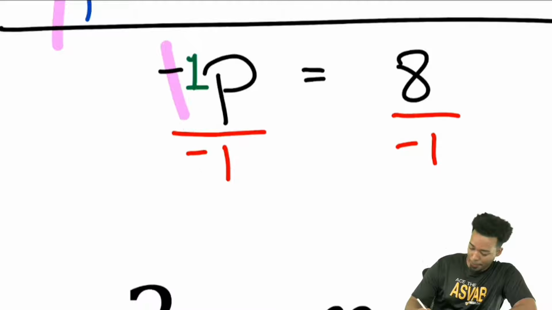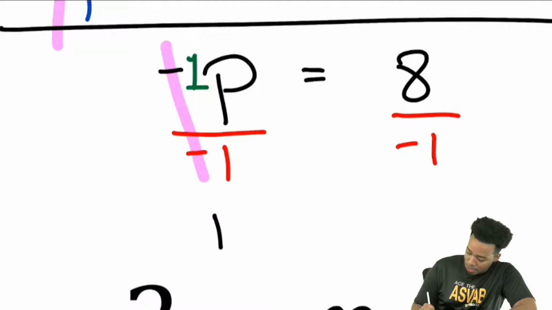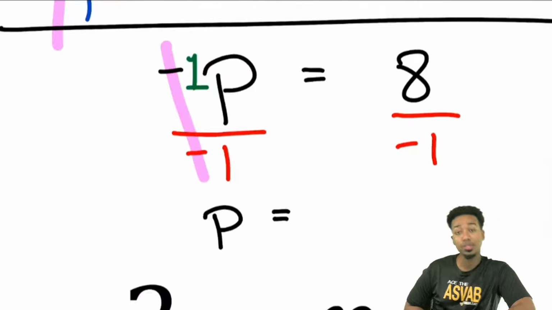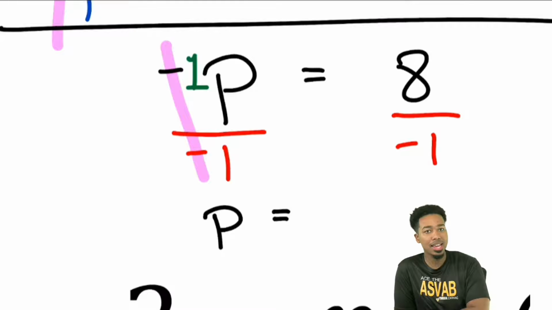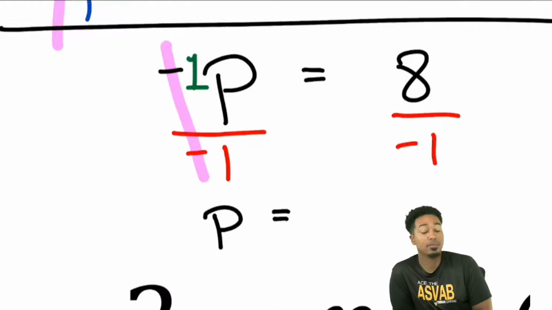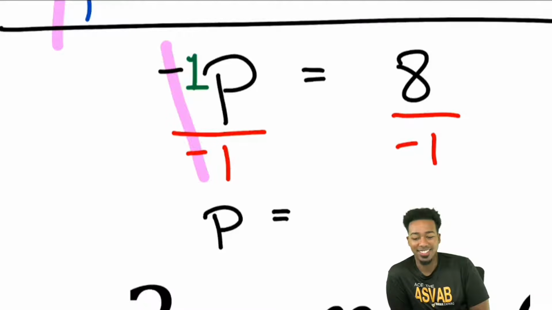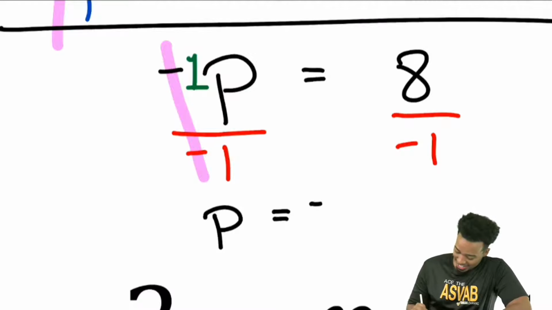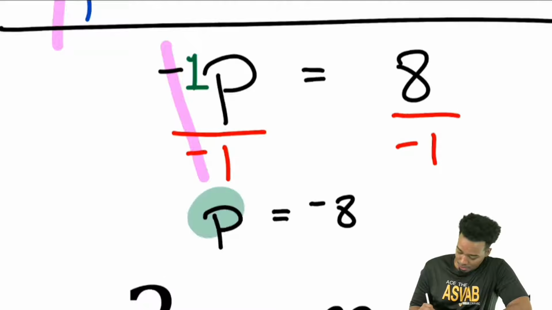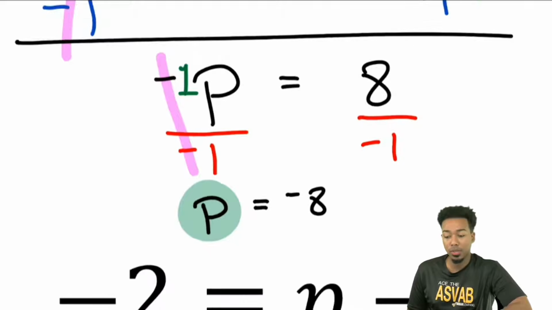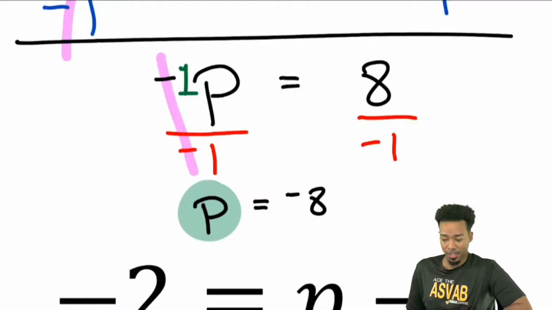Right here. Boom. Giving you p equals, everyone, 8 divided by 1 is 8. But a positive divided by a negative is going to be what? Yeah, it's going to be negative 8. And that would be our answer there. P equals -8. And that would be the answer.